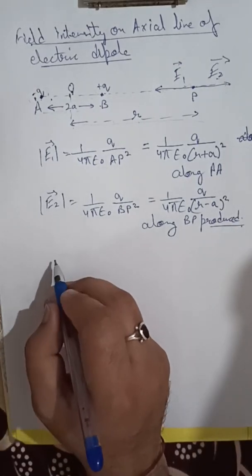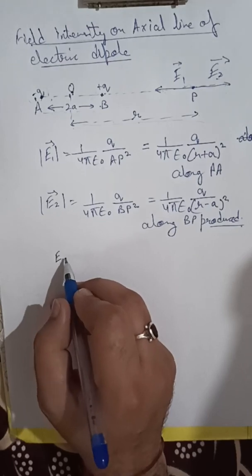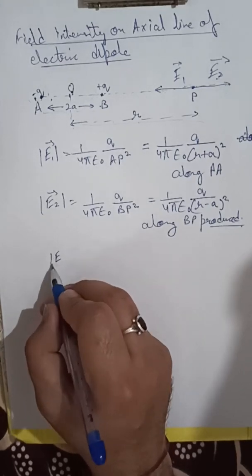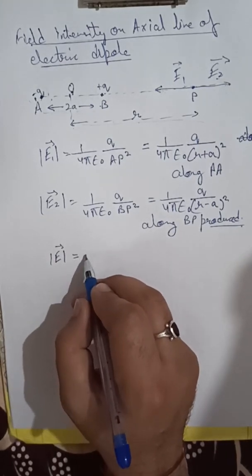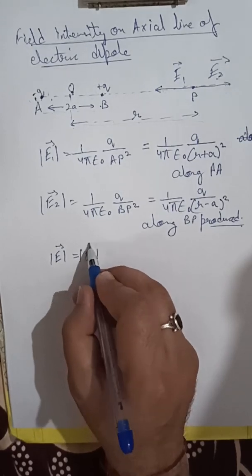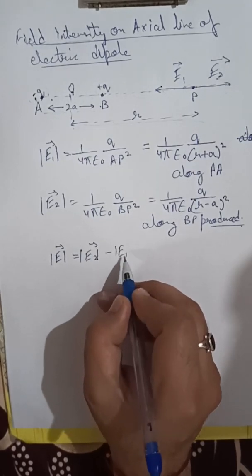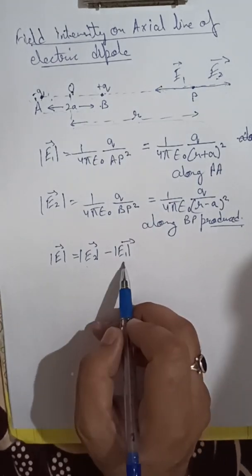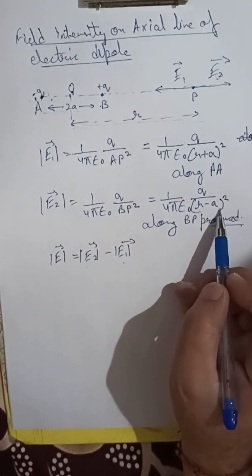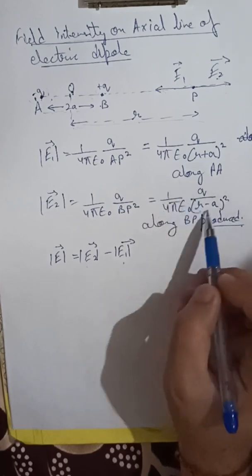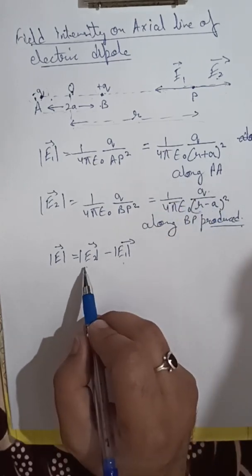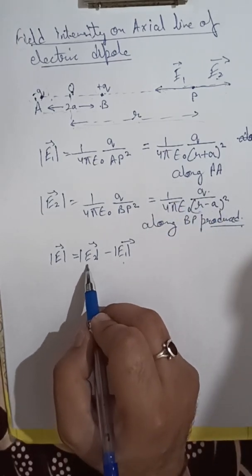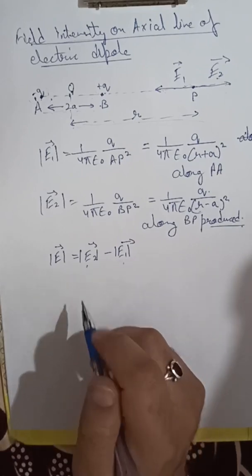So the net, the combined effect of both of these, will be given as E is equal to E2 minus E1. Why E2 minus E1? Because the denominator here is small, so this will be large, so we subtract the smaller one from the larger quantity.